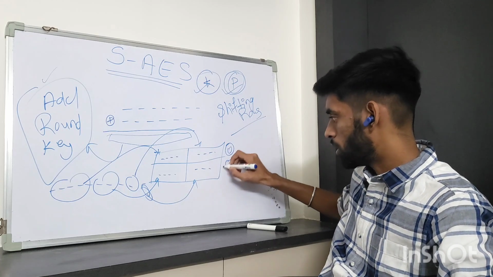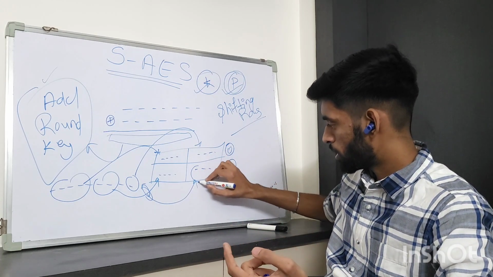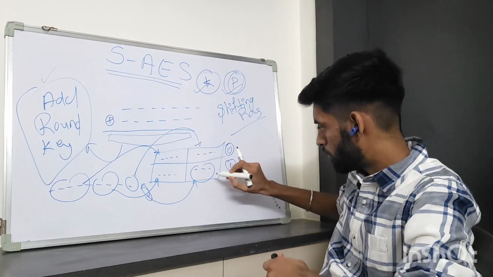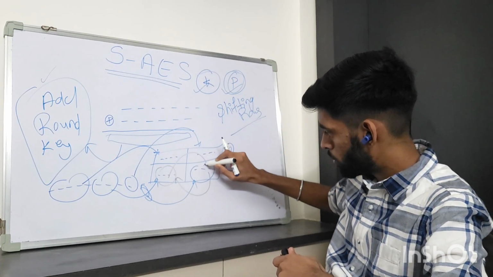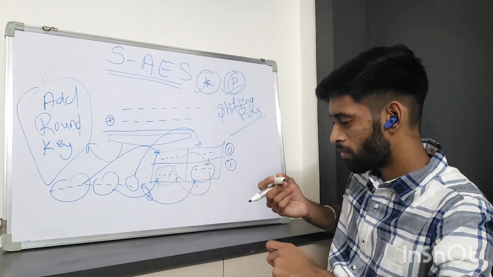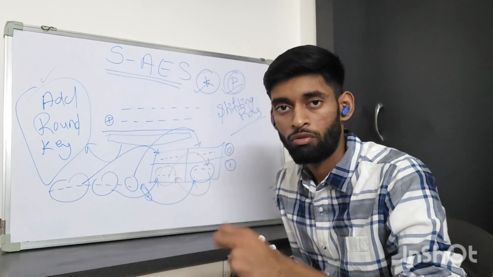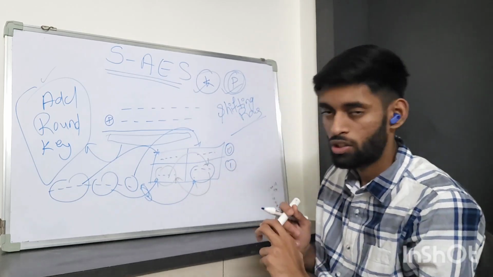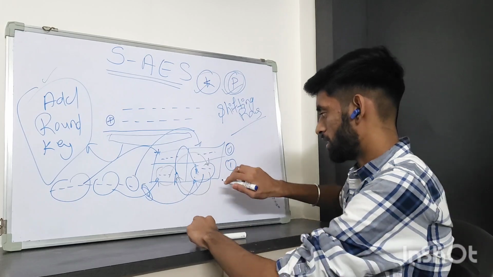The next one is 1, so we shift this row by 1. Here we shift this value to here and this value to here. Since there are only two entities, it does not matter whether you perform a left shift or right shift; we generally just swap these two values.